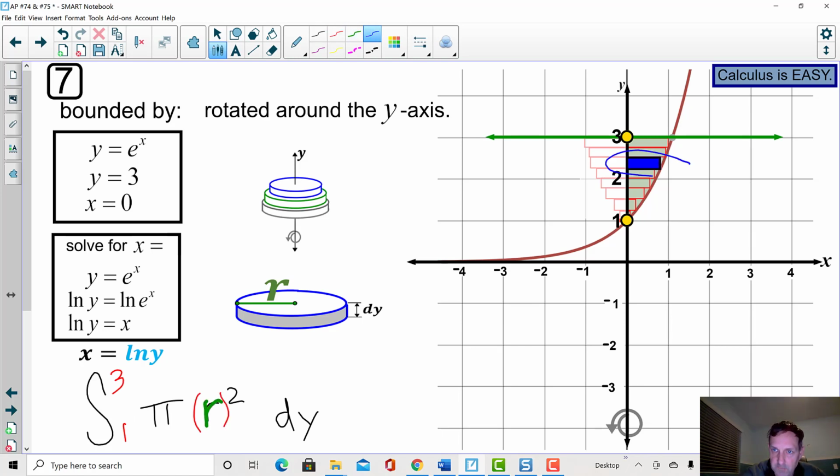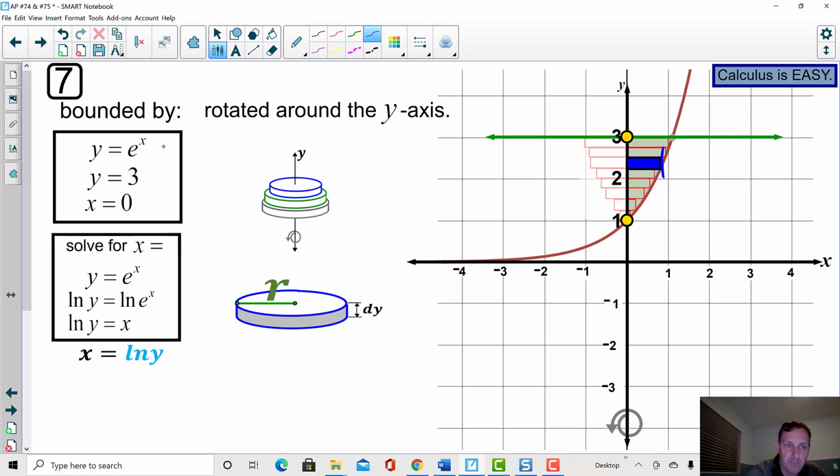So if this was our r over here, we would need to do the right minus the left. The problem is that our function is solved for y equals. So we need to solve it so that it says x equals. So we're going to take this function y equals e to the x. We'll do ln of both sides. Of course, ln of e cancels, and then we'll be able to solve for x. We'll get that x is equal to ln of y.